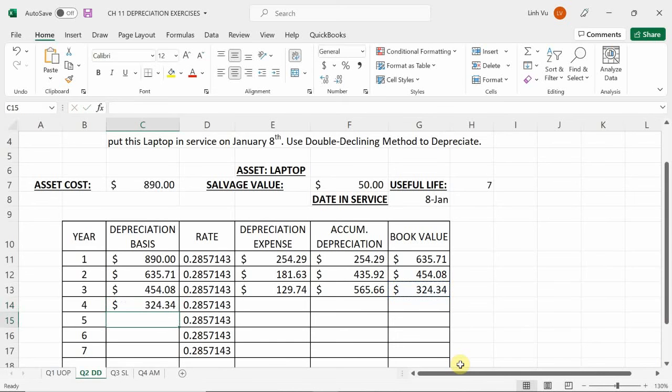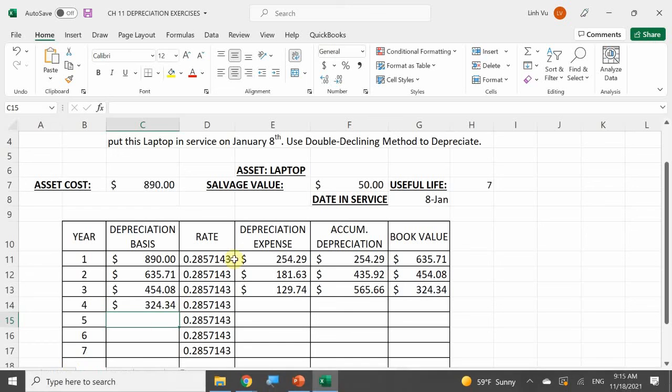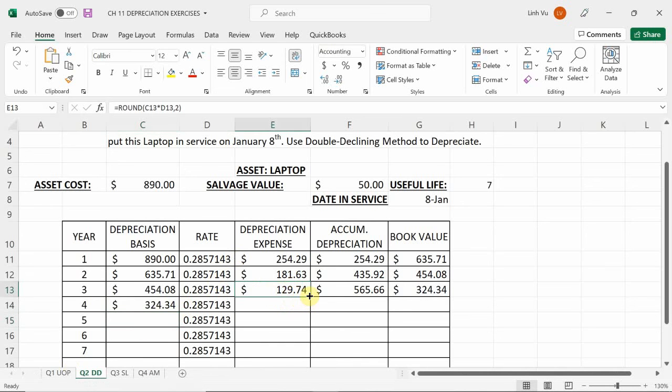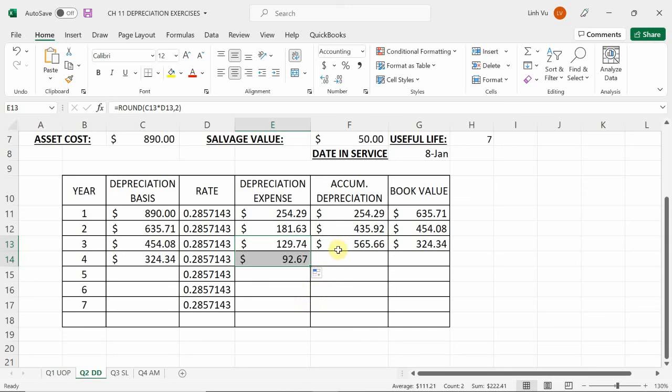Correct. Okay. So then depreciation expense for year 4 is 92.67. Good, right? And then, which brings my accumulated depreciation, so if I add that to my 565.66, it will give me a total of 658.33.